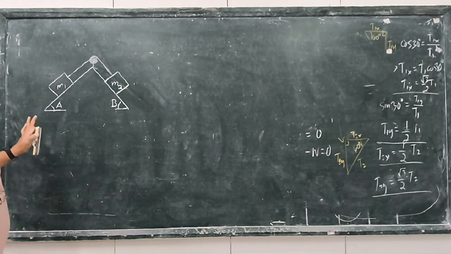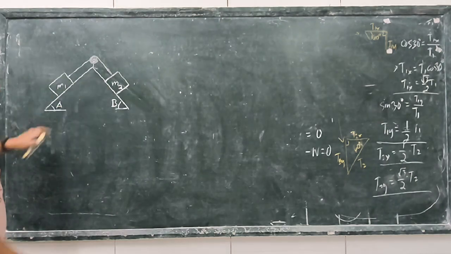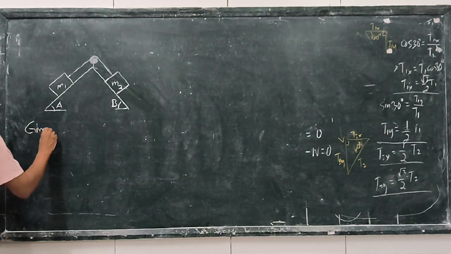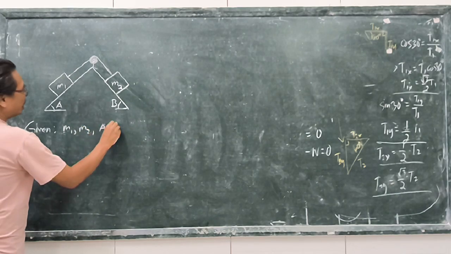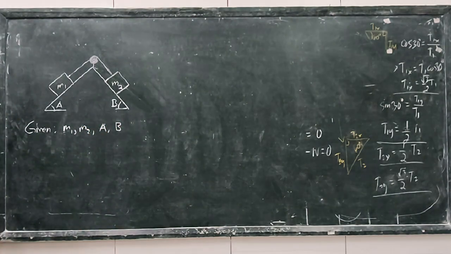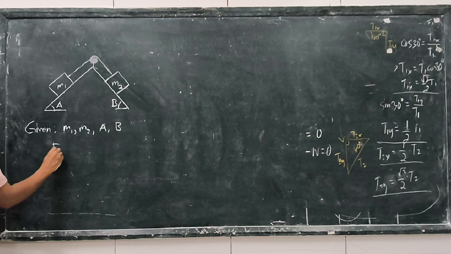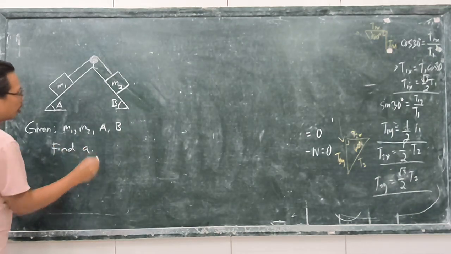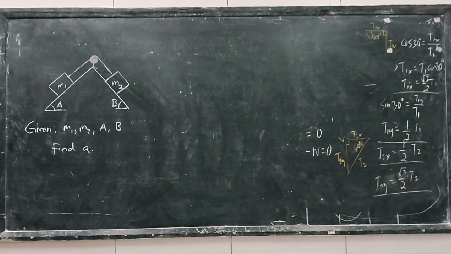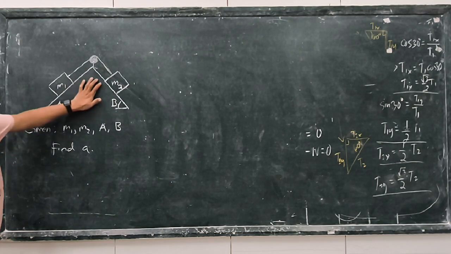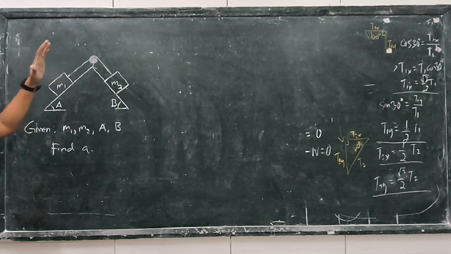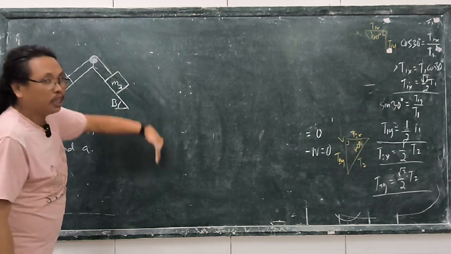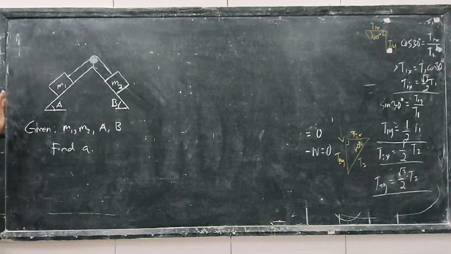What we want to know is that, given M1, M2, angle A and angle B, what is the acceleration? Find the acceleration of the block. So we do not know which way it will go. Even if we have values here, we still cannot see immediately which direction. It either will move in this direction or will move in that direction.